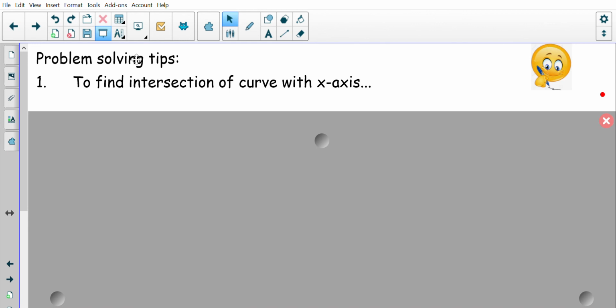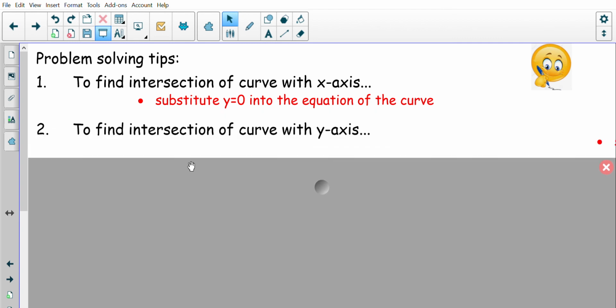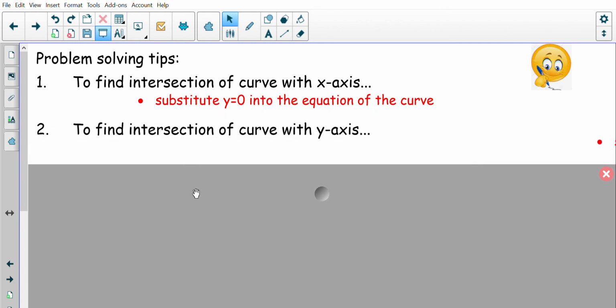So if we wanted to find the intersection of the curve with the x-axis, or the x-intercept, what we would need to do is substitute y equals 0 into the equation of the curve. Similarly, if we wanted to find the intersection of the curve with the y-axis, i.e. the y-intercept, we could substitute x equals 0 into the equation of the curve.